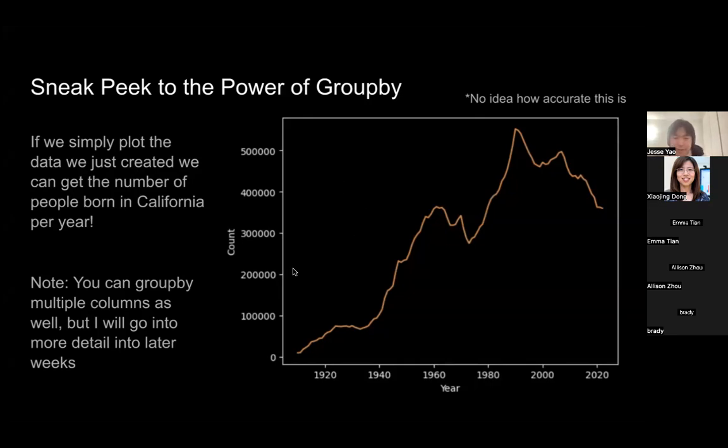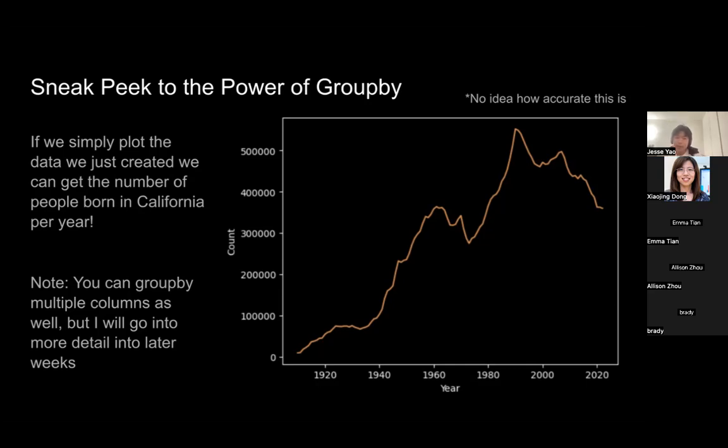So I can simply plot it, and we can see the number of people born every year slowly increase as days go by, and then we hit a peak somewhere around 1990 in California. We hit a peak in 1990, and then the number of babies born every year has been slowly declining.